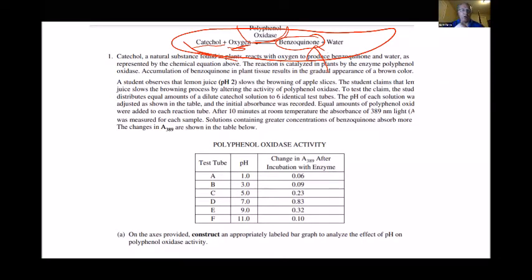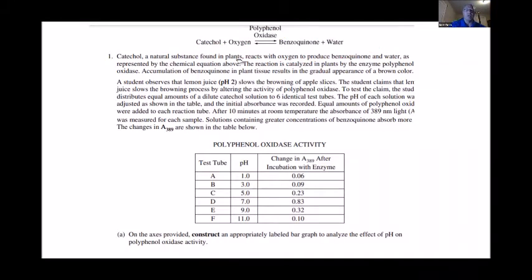So catechol is converted by the enzyme polyphenol oxidase to this substance, and the buildup of that substance makes the apples turn brown. Some bright student noticed that if you altered the pH that the apples were in, by using lemon juice, you could slow down how fast they turn brown.